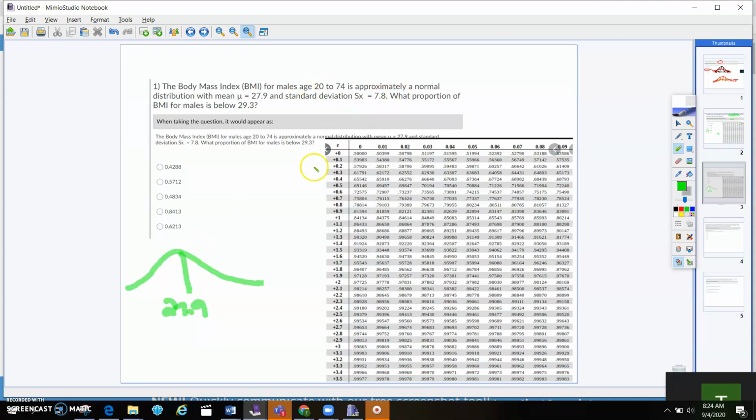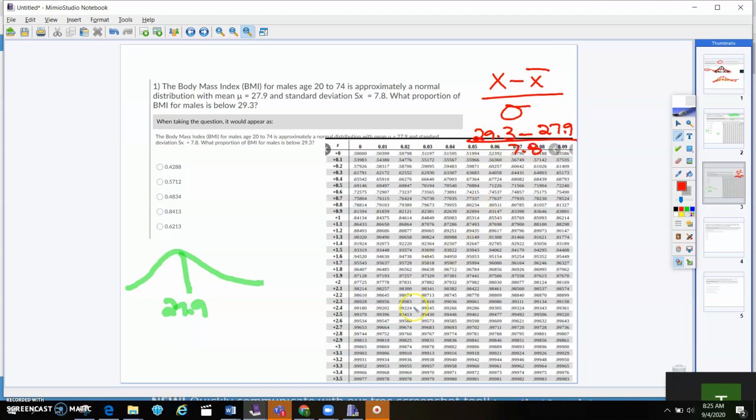Now, if you want to take the standard deviation and add and subtract 7.8 and keep going, that's fine. Or you can use the formula that we've got, which is take your point minus your average, over the standard deviation. So we've got 29.3, which is our point, minus 27.9, divided by 7.8.